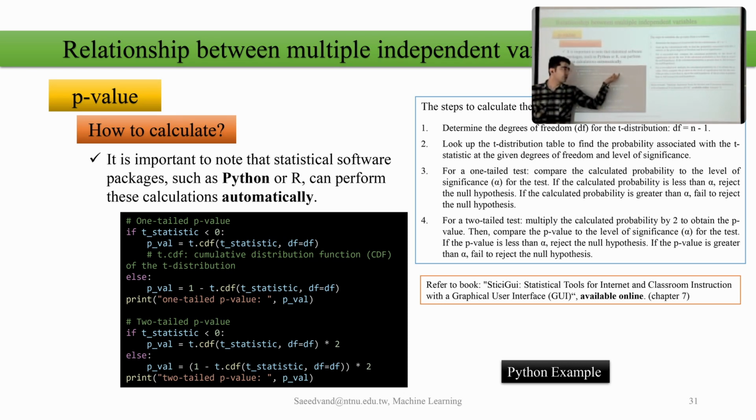I give the degrees of freedom that I know and the T statistic as input, then I can calculate the p-value. This is for one-tailed, and this over here is for two-tailed, which is a little different. For one-tailed, the calculation is only the CDF of the T statistic and the degrees of freedom. But for two-tailed, we multiply it by 2, because we want to consider two sides, not one side, for the p-value.